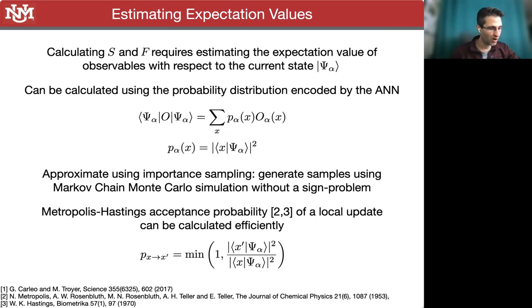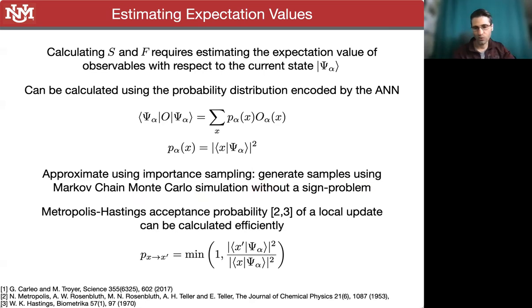And so what we want to do is approximate these expectation values using importance sampling. And the way we're going to do that is we're going to generate the samples using Markov chain Monte Carlo simulations, right? And the key is that we can do this with Markov chain Monte Carlo simulations that don't have a sign problem.